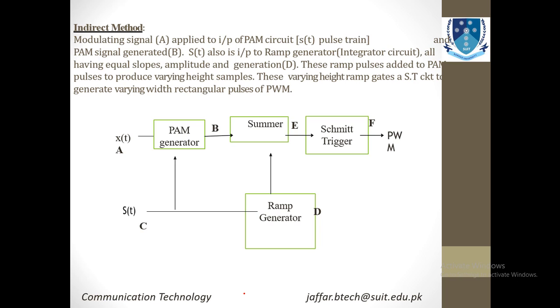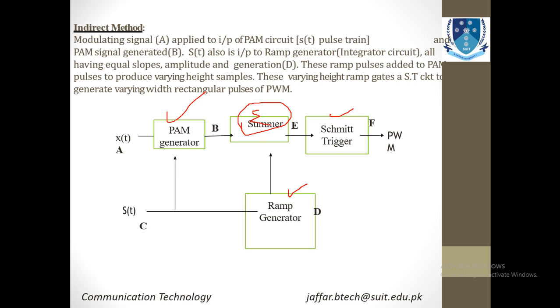So this is a kind of setup in which you can see that there are three main blocks. The first one is the PWM generator, the second one is the ramp generator, and the third one is the Schmitt trigger. And this is nothing but a summer. A summer is a point where you basically sum both of these input signals.